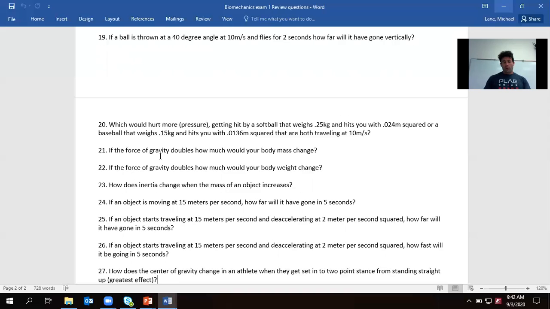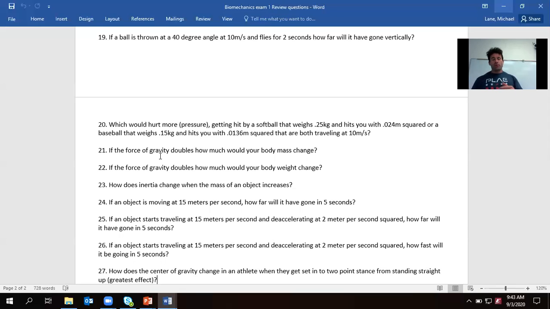Now, for the following question, which is if an object starts traveling at 15 meters per second, decelerating at 2 meters per second squared, how fast will it be going in 5 seconds? So for this, our current velocity equals our initial velocity, v sub o, plus our acceleration times time. Now this is a negative acceleration, so it's going to be 15 minus 2 times 5.